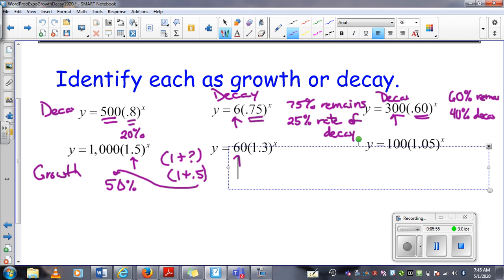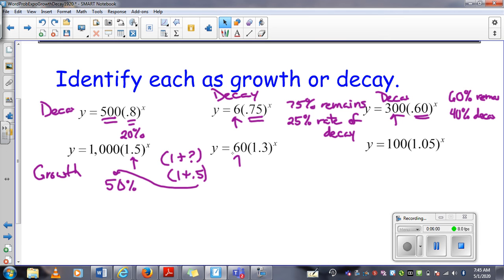This means that you start with 60 of something, and this means it was 1 plus what gave you that. So if you're thinking 1 plus 0.3, which is 30%, then you are exactly right.